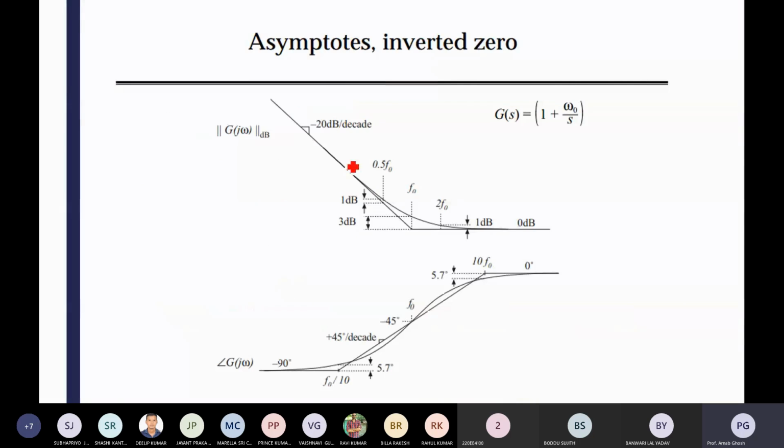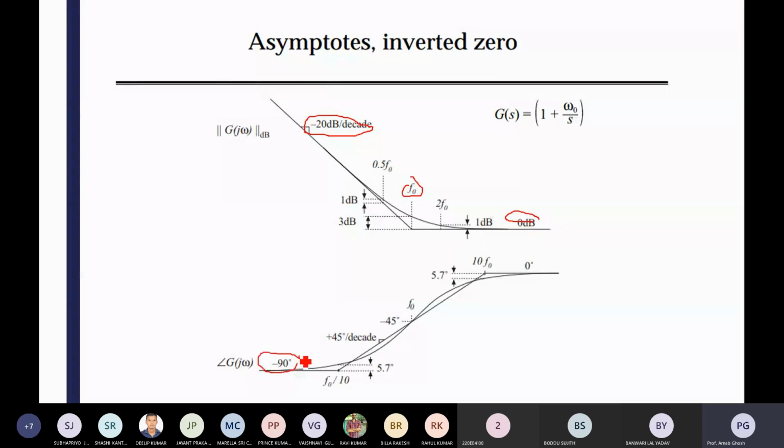So here you can see it starts with minus 20 dB per decade, as I told you in my previous slide. At that point f0, you can see minus 3 dB deviation is there. For the pole, it will be adding with the zero, having plus 20 dB per decade. That's why it will be 0 dB.